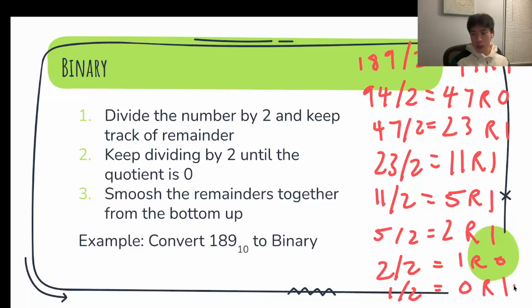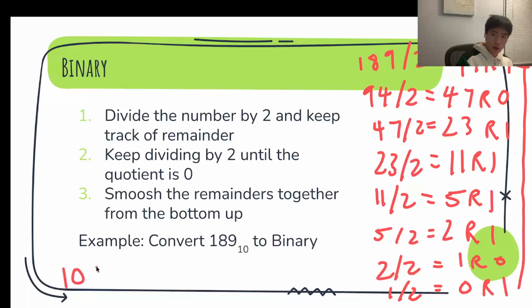So now, we start from the bottom and go up. And we take these remainders and smush them together. So from the bottom first, we have 1, 0, 1, 1, 1, 1, 0, 1. And it just so happens that this is the same going both ways, but you want to start from the bottom.